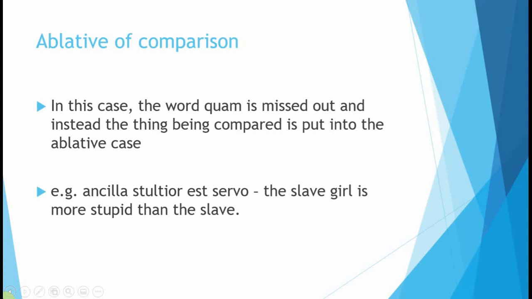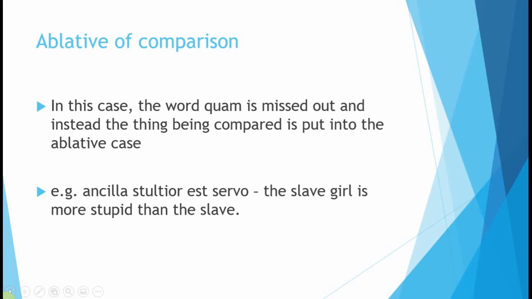There is another way that we can use comparatives. This is something that I want to flag up to you now, but we're going to go into more detail with it in year 11. You all know about the ablative case. The ablative case means by, with, or from. But the ablative case can be used as a way of comparing things instead of using the word quam.